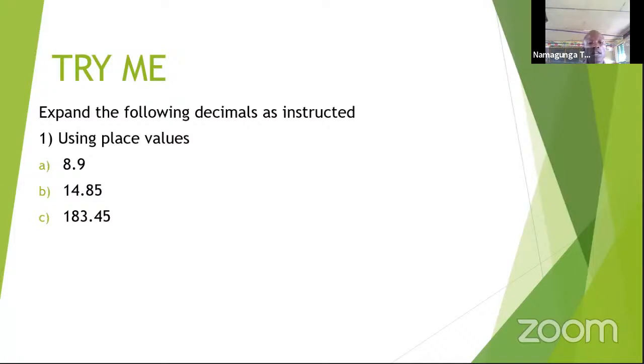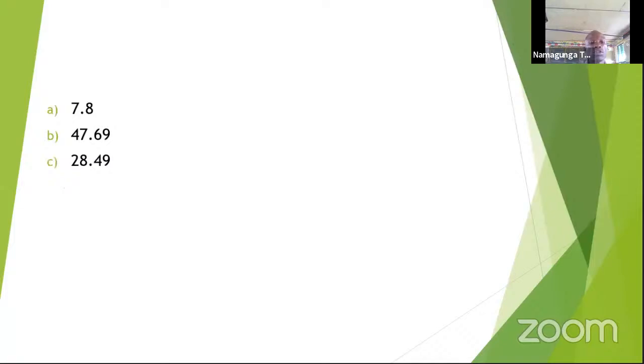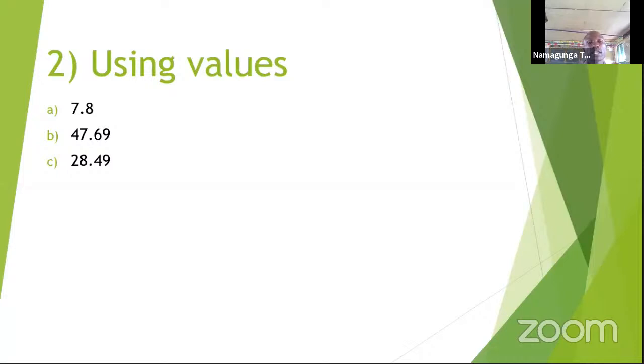In the next one, we are to expand using values, which we have just looked at. With values, do the same as in place values, but here go ahead to find the values, maintaining a plus sign in between the values for each digit.